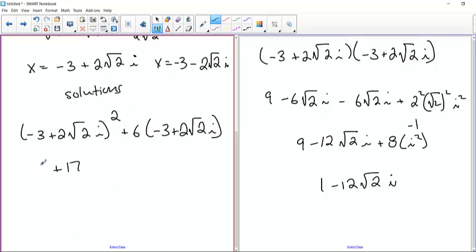Okay, so now I'm going to go back over here and replace that initial term with that. Now if I multiply the second term out, I'll get negative 18, negative 3 times 6, plus 12, 2 times 6, 12 square root of 2i, and then finally plus 17.